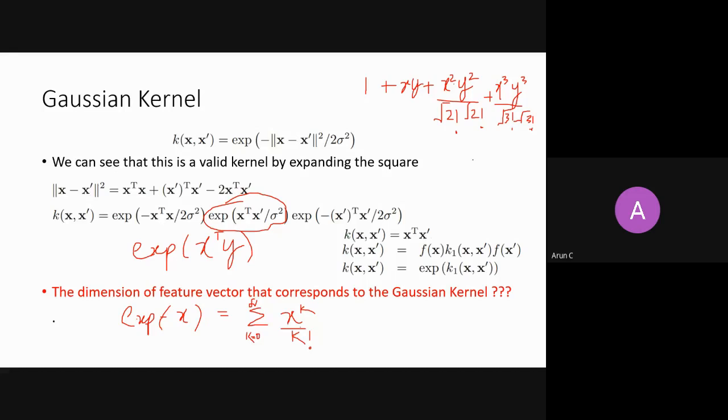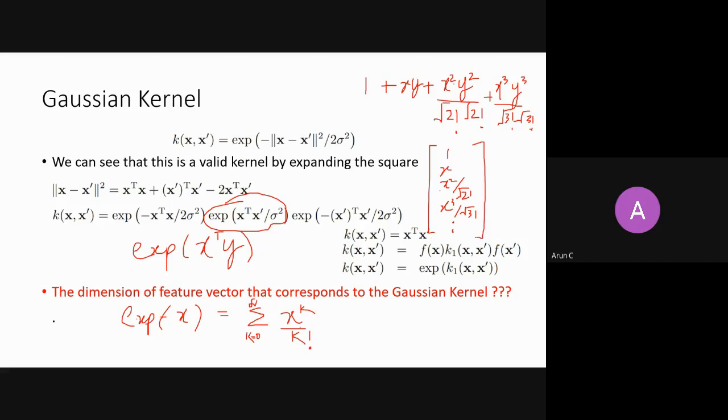If you write it in terms of a dot product, the first vector will be 1, x, x squared upon root 2 factorial, then x cube upon root 3 factorial, and likewise, so it will keep on going.